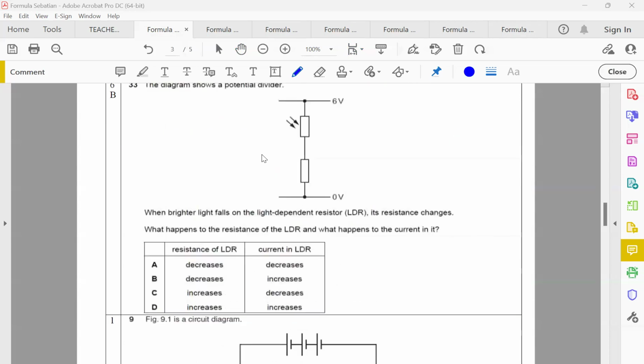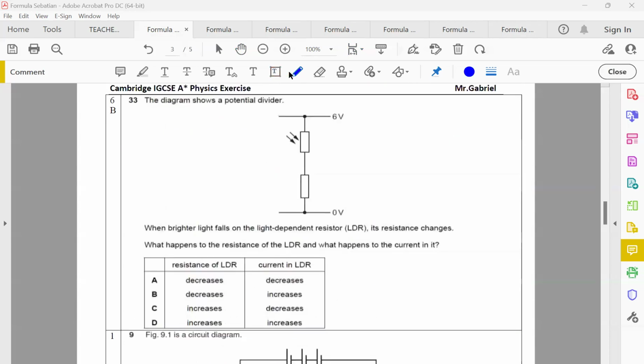The diagram shows a potential divider. So there's 6 volts here and 0 volts here. When brighter light falls on the light dependent resistor, the resistance changes. Guys, in these scenarios, the first thing I like to do is identify that there's brighter light, which means the light intensity increases.